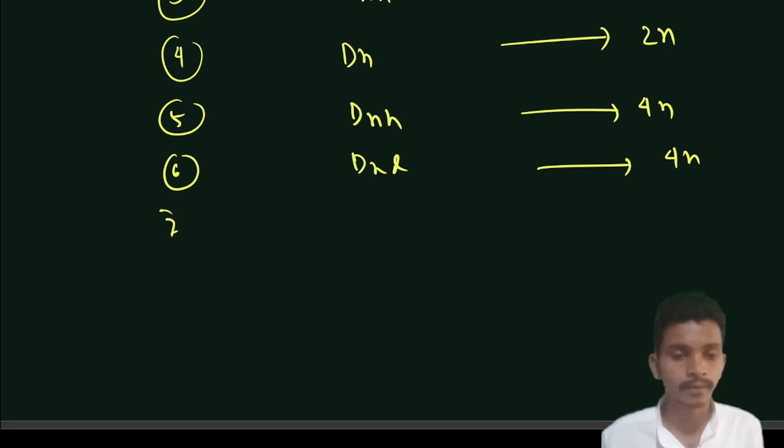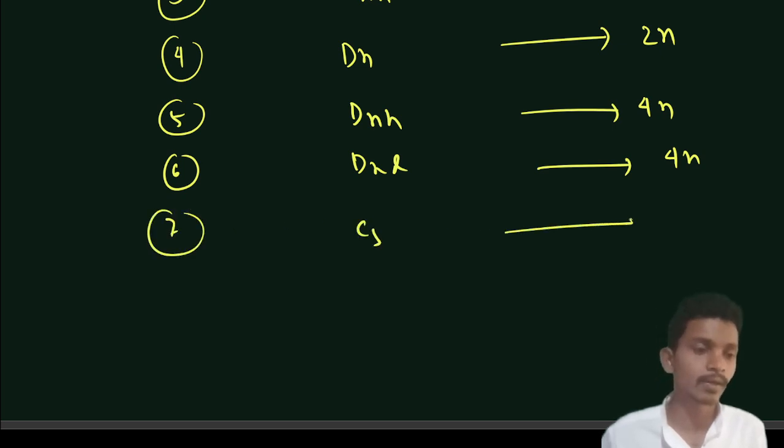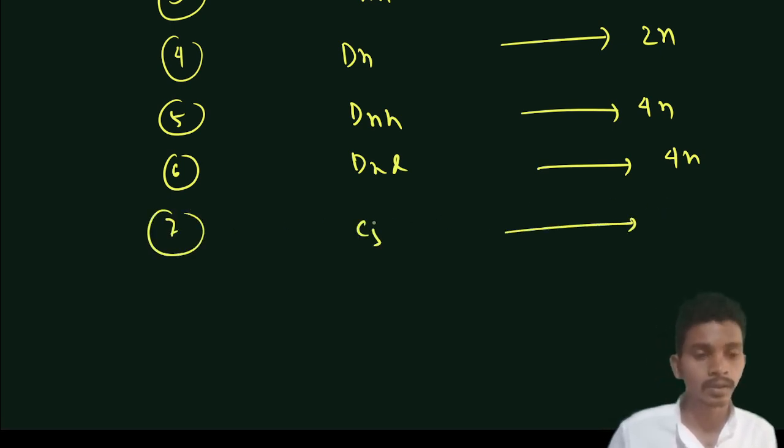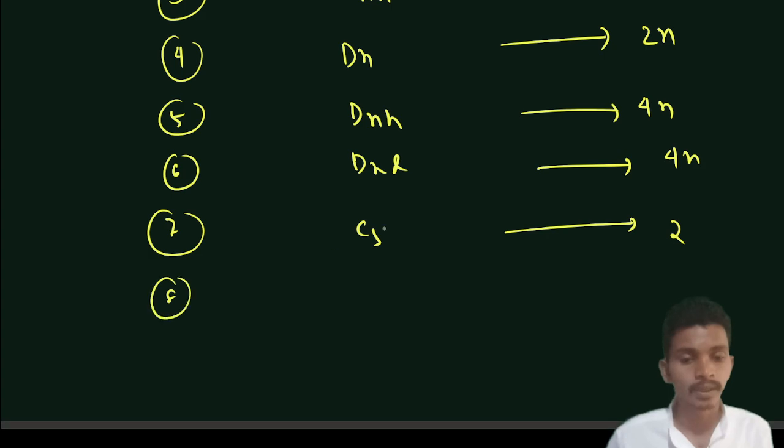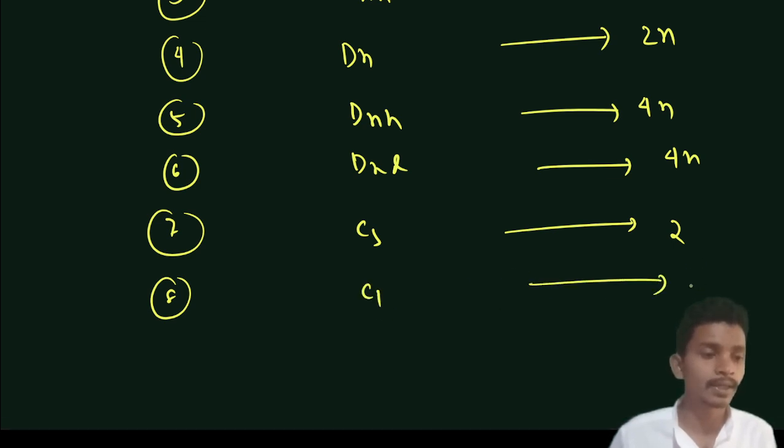And if that is Cs, then the order will be 2, because here there is identity and sigma. Only E is there, and E on the symmetry, so it is 2. And identity is included, and for C1 here only E is there, that's why 1.